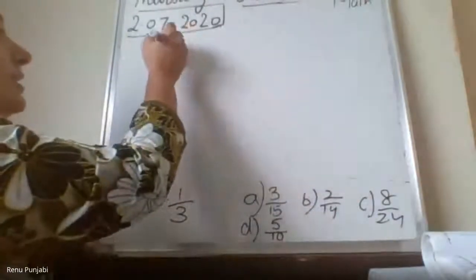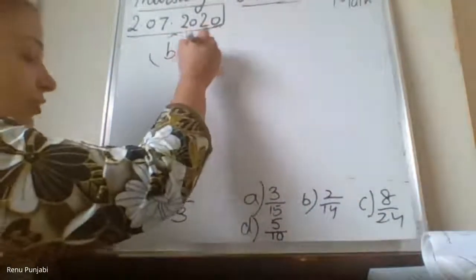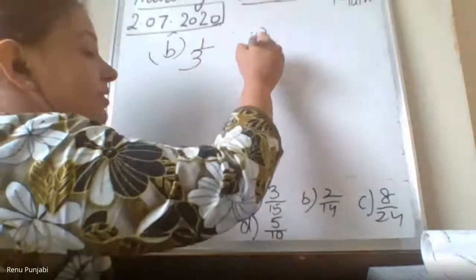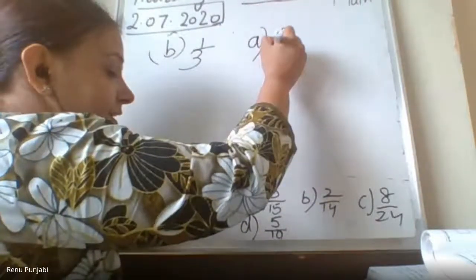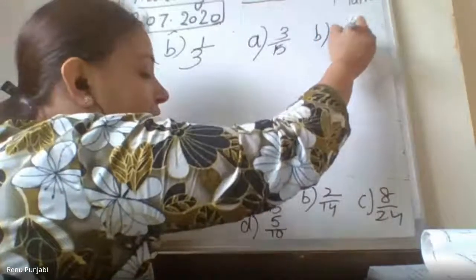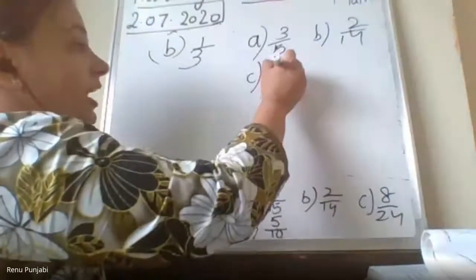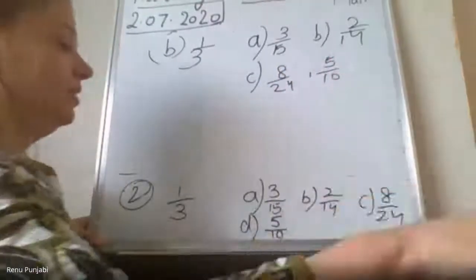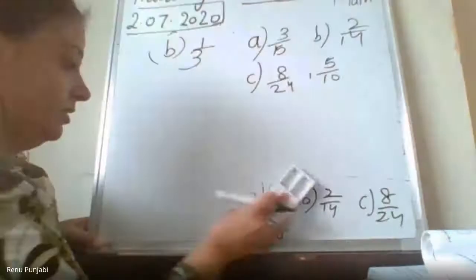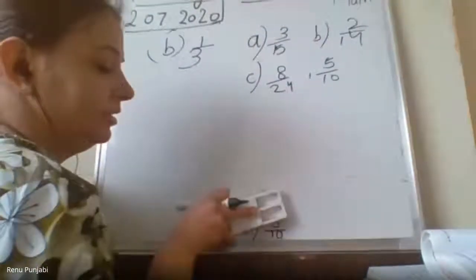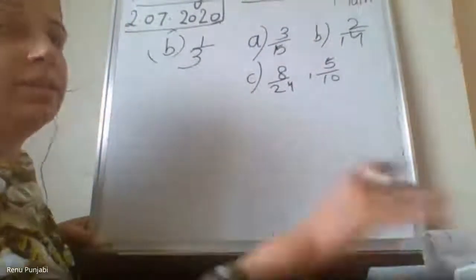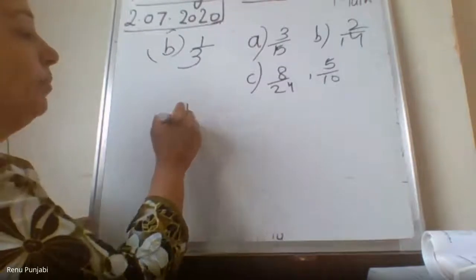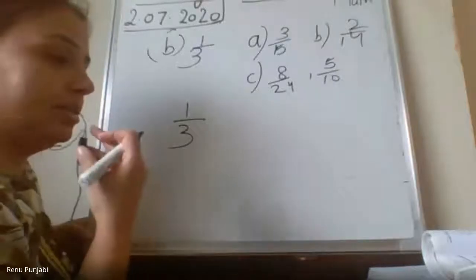Let us see the second one. It is 1 upon 3 and the options are 3 upon 15, 2 upon 14, 8 upon 24, 5 upon 10. Now you check this 1 upon 3.